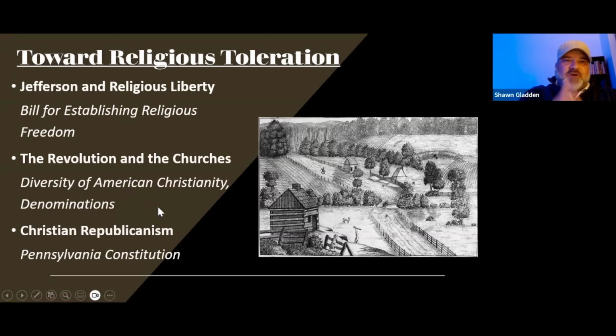With that, I do want to talk once again about Pennsylvania, my new adopted home. Pennsylvania's constitution actually becomes the model for the relationship between religion and Republican government. It incorporated Christian republicanism, an idea that combined religious faith with Republican virtues, suggesting that morality and civic responsibility were essential to the success of the new nation.